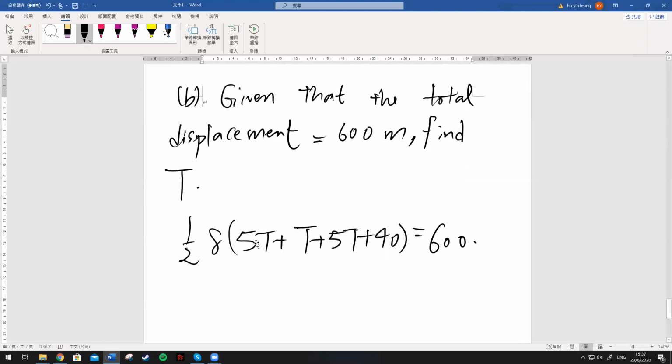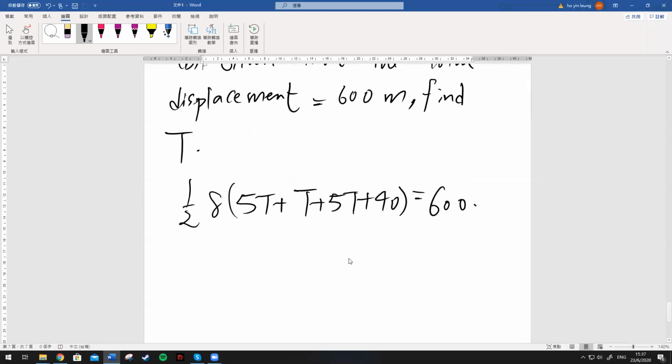Next we just solve this equation. So it's 450 here, and this is 11t plus 40. So 110 on the right hand side, and t is 10 seconds. That's the displacement.